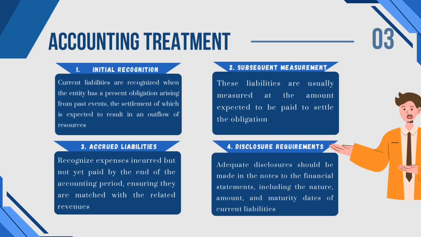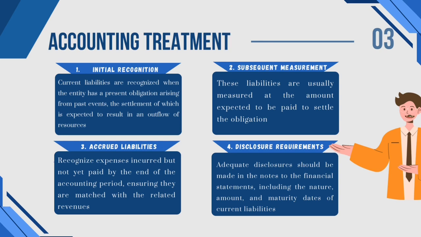For example, if a company used electricity in October but the company received the bill in November, the company needs to recognize the electricity bill as accrued liabilities until November, which allows them to pay the bill at the expected time.